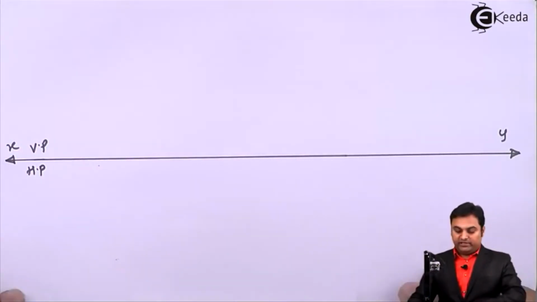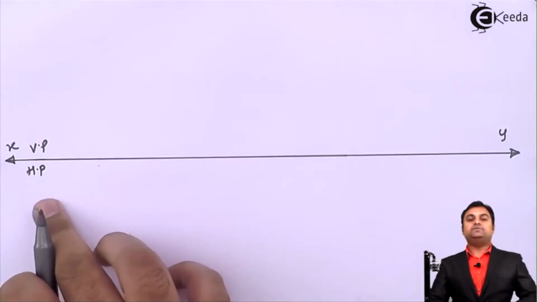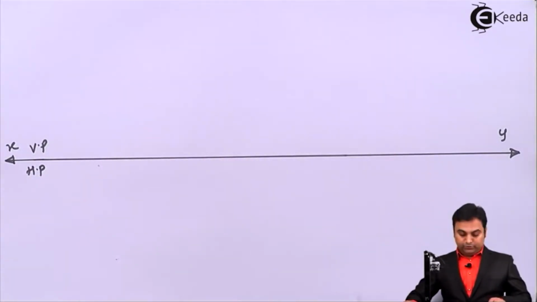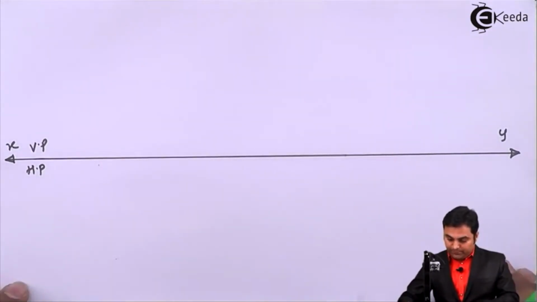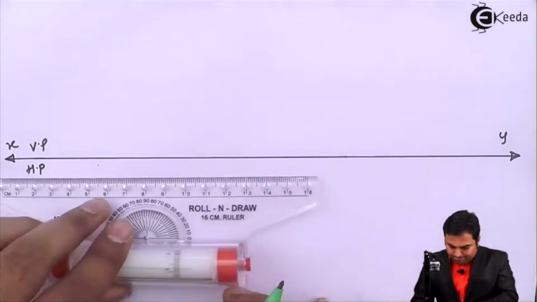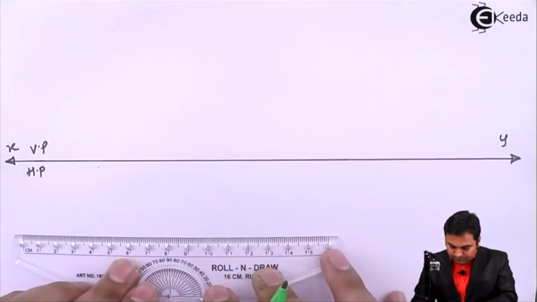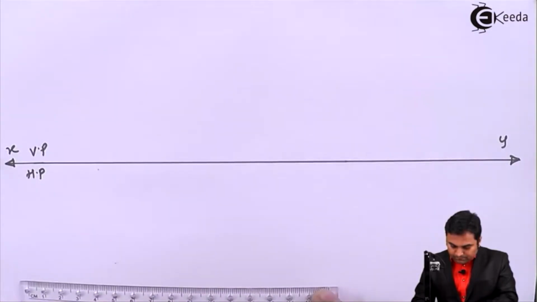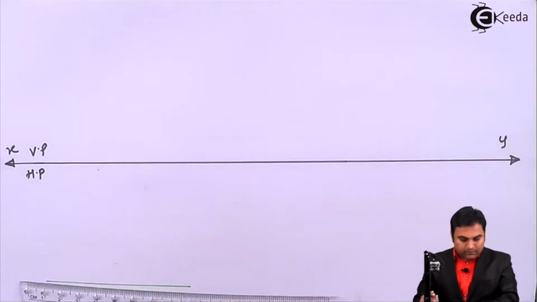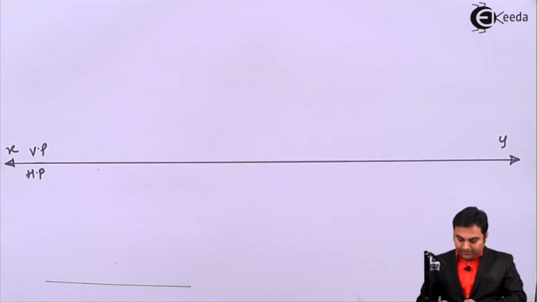So here is the XY line, VP vertical plane, HP horizontal plane. I need to draw the initial condition for the square pyramid. The side of base is 40.